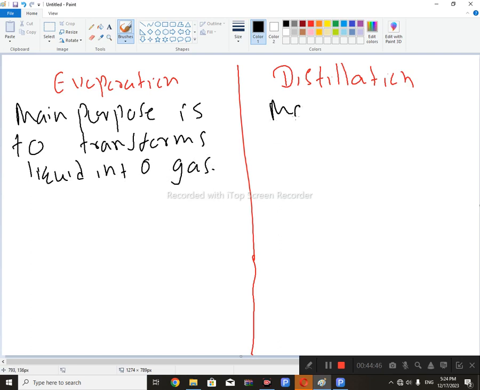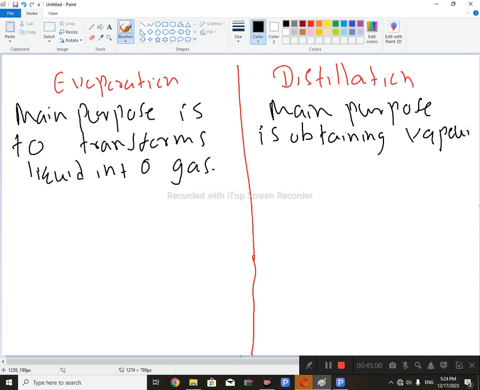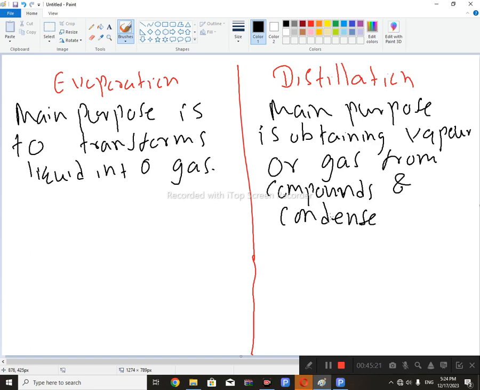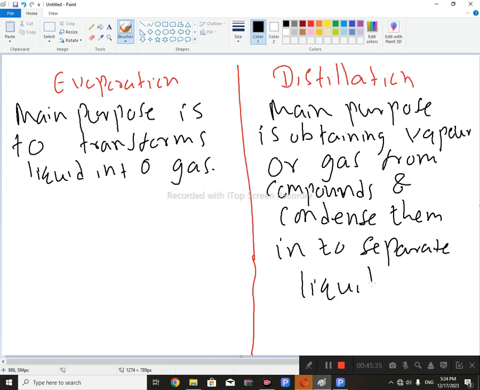The main purpose of distillation is obtaining vapor or gas from compounds and condensing it, then into separate liquid.